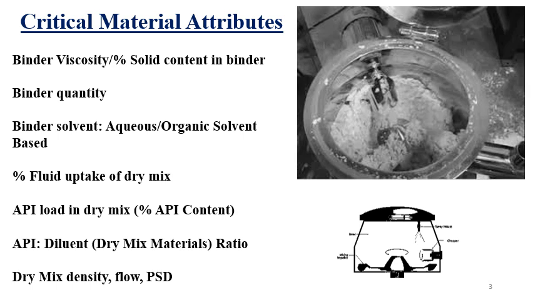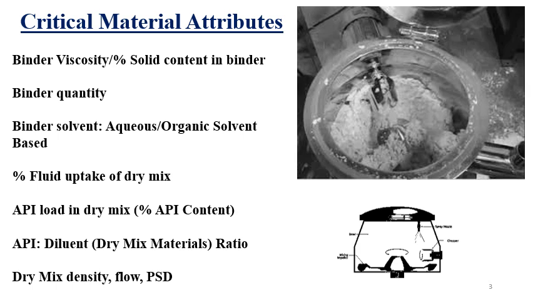For example, if your 100 kg dry mix contains 10 kg of API and 90 kg other materials like diluents, dry binders, disintegrants, so the ratio will be like 1 is to 10, or like 10 is to 100 or 10%.